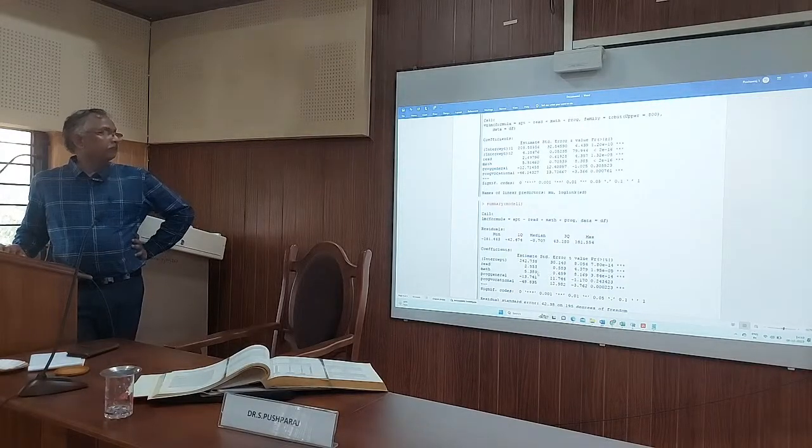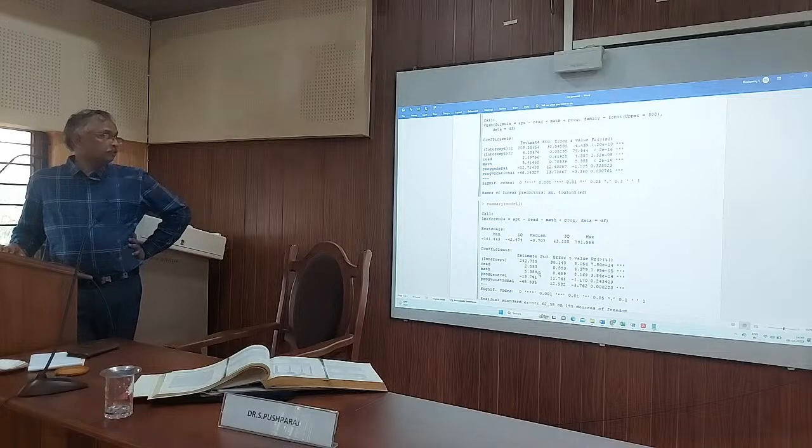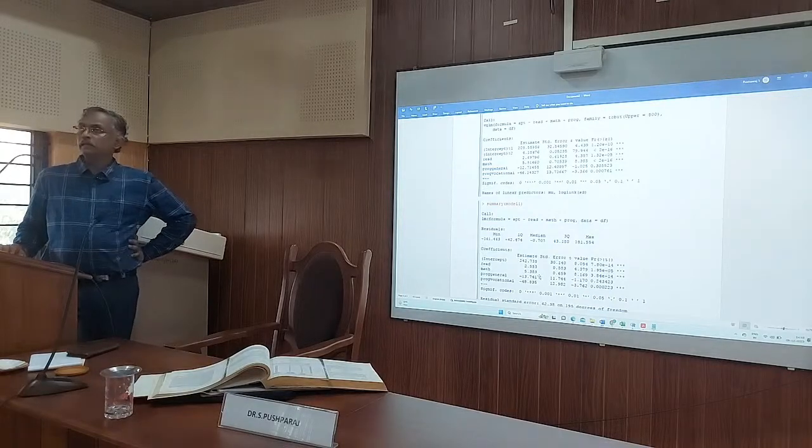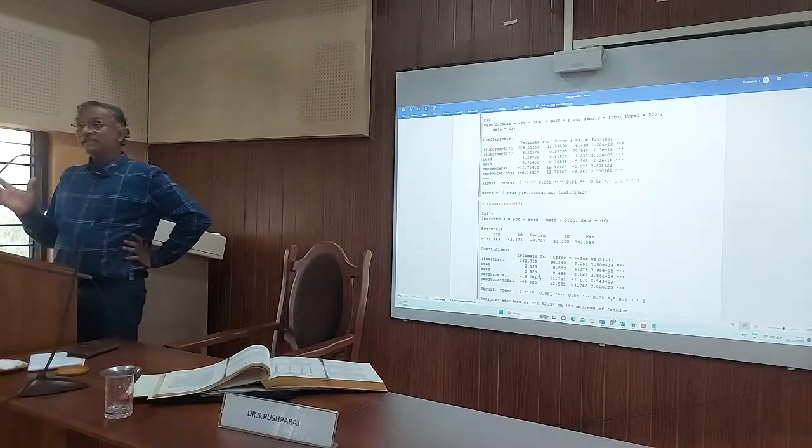Here 2.55. Not much difference. But there is a difference. Not much, but there is a difference, right? We can see the consistency.